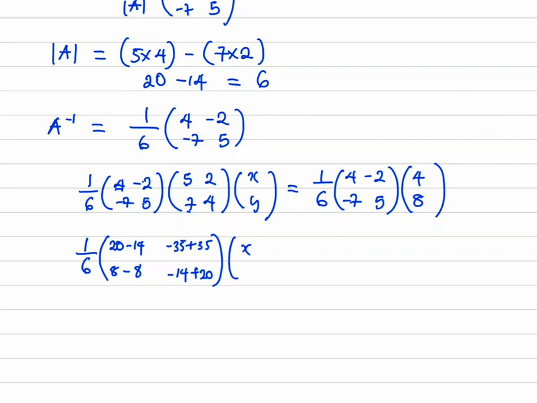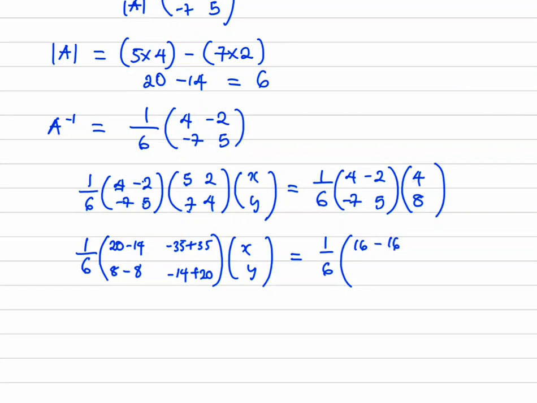Of course, we have our x, y, then is equal to 1 over 6. Then here we have, of course, 4 times 4, we have 16, then this is minus 16. Very good.